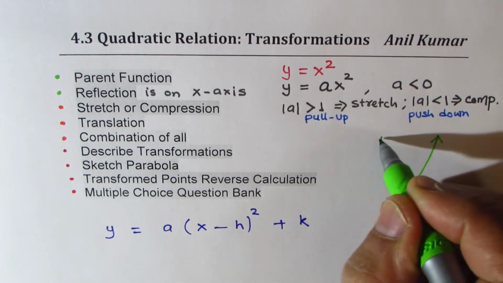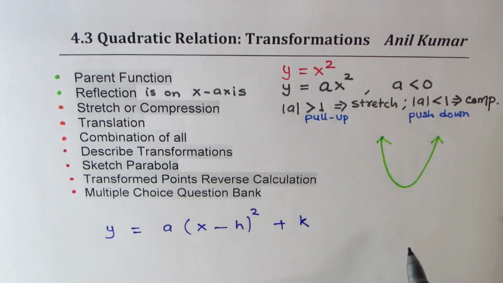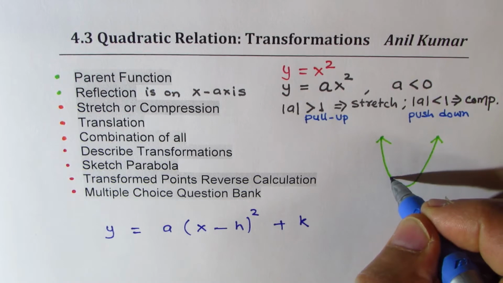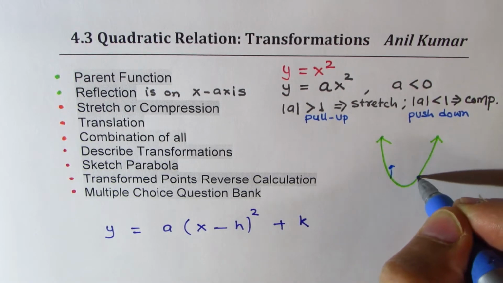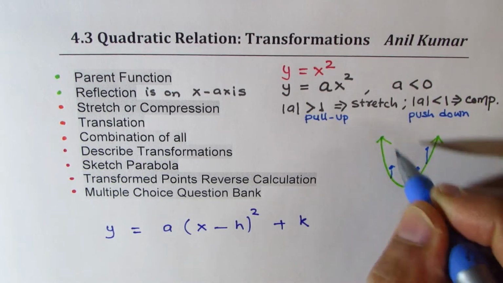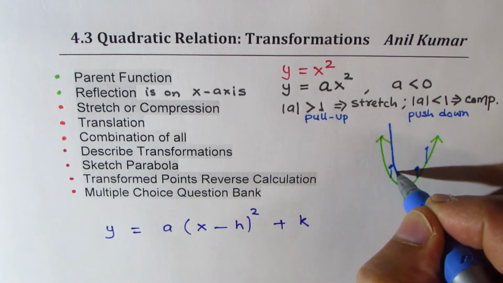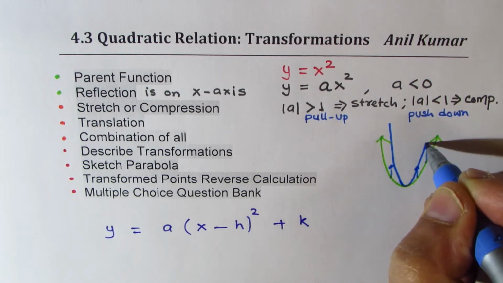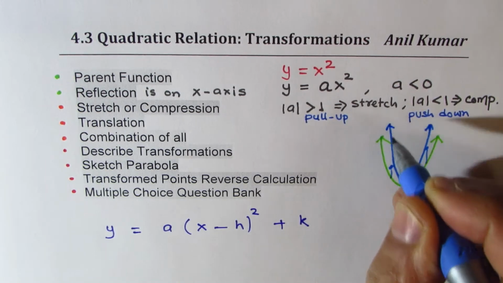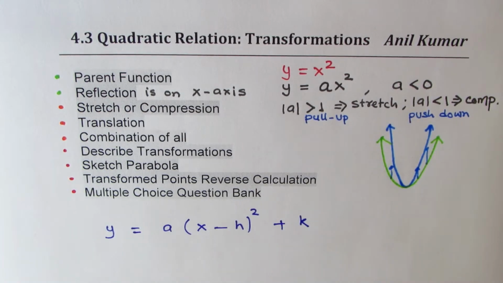So we are talking about this function, y equals x square. When I say pull up, it means that all these points get stretched, so we get a steeper function. This is what is pull up.